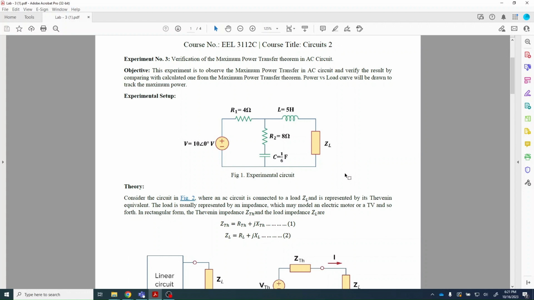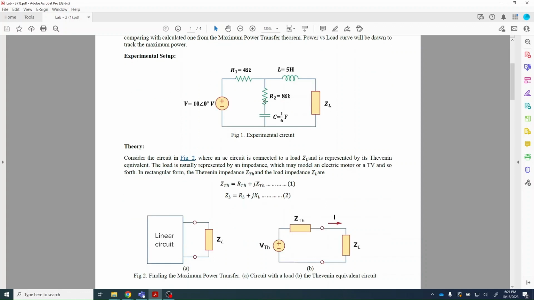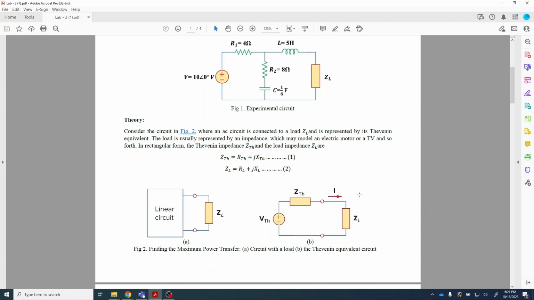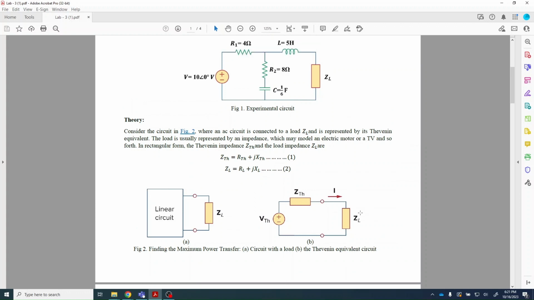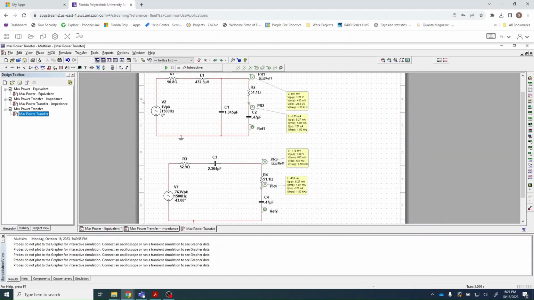We'll want to refer back to our Thevenin lab, in which we took a circuit like this and transformed it into this, right? And we're going to utilize the fact that we can change this load now. In our Thevenin lab, we kept the load unchanged, right? So let me go back to essentially the idea of our Thevenin lab.